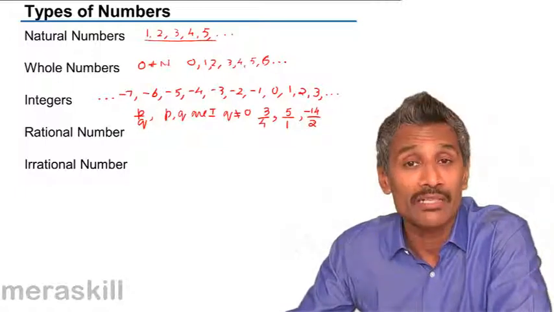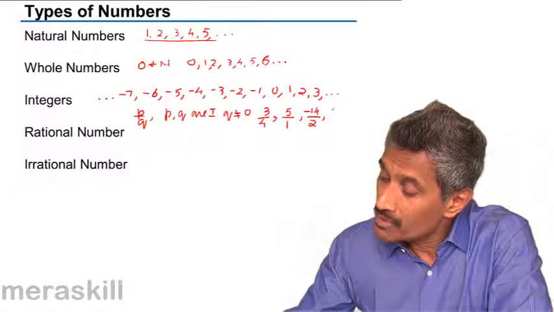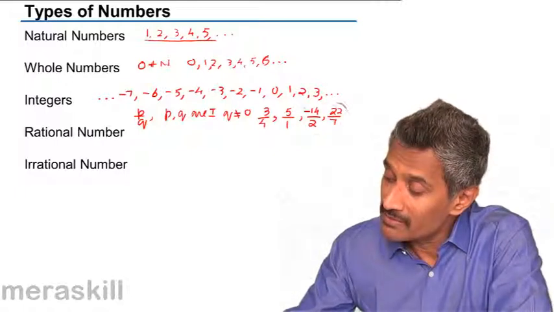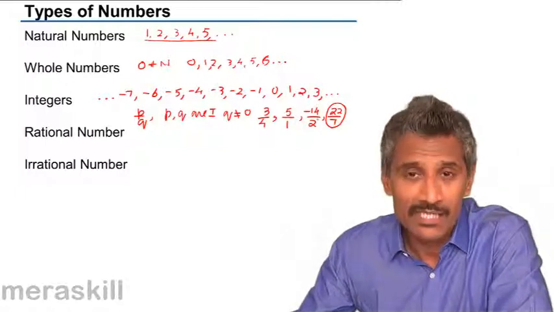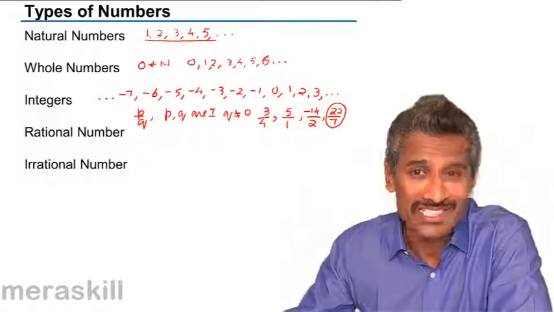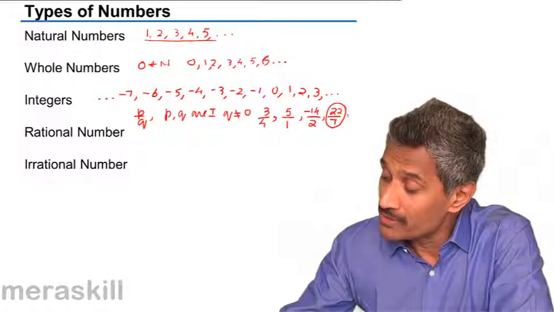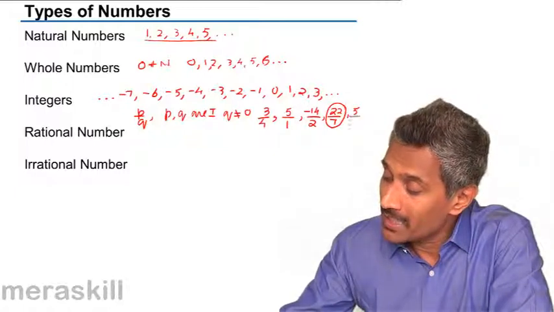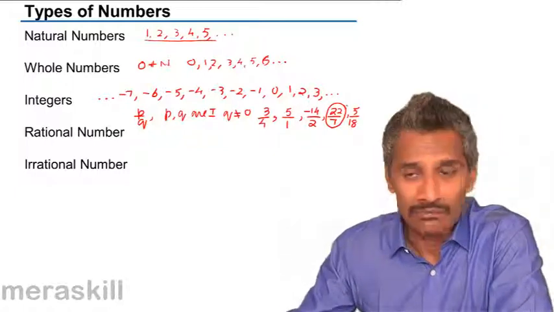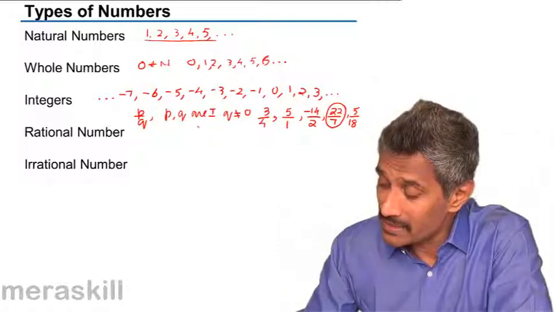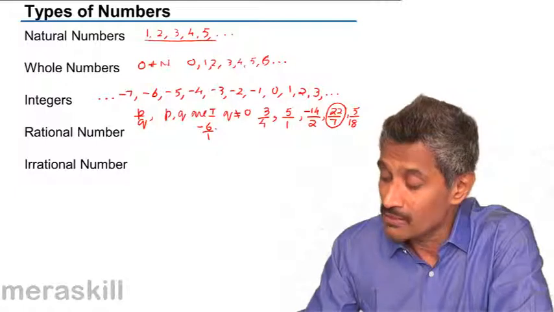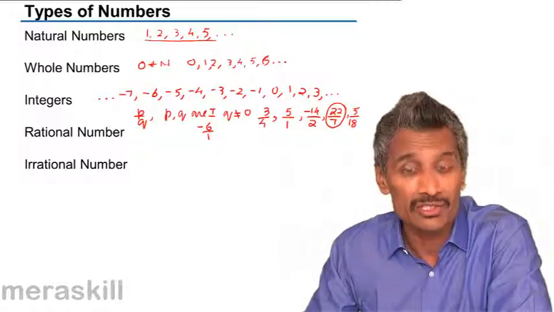This is also a rational number. Or 22 by 7. When we come to 22 by 7 in the next section, we will understand something very interesting about it. 22 by 7, 5 by 18, all these are rational numbers. Even minus 6 can be written as minus 6 by 1, so even minus 6 is a rational number actually.